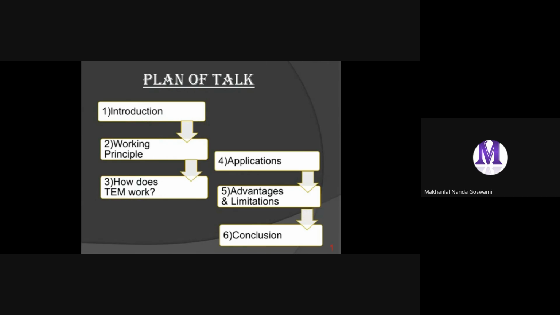This is the plan of talk: introduction, working principle, how does TEM work, applications, advantages and limitations, then the conclusion.